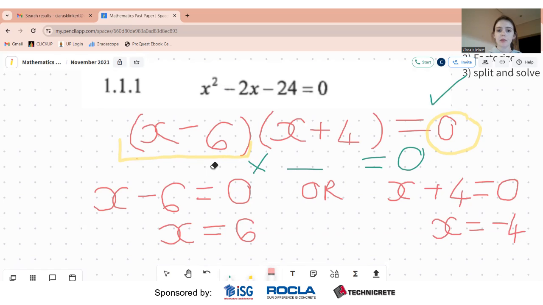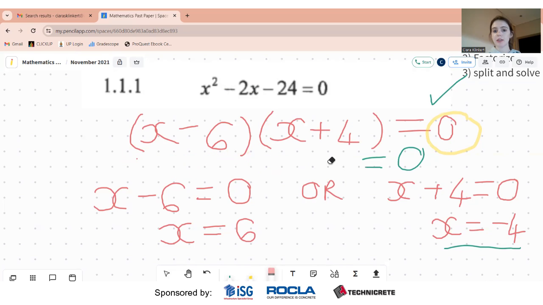Or the second bracket must be equal to 0, i.e. x must be equal to -4, because anything multiplied by 0 is equal to 0. Or both brackets must equal 0, i.e. x must equal 6 and x must equal -4. This will give us our required result of 0.